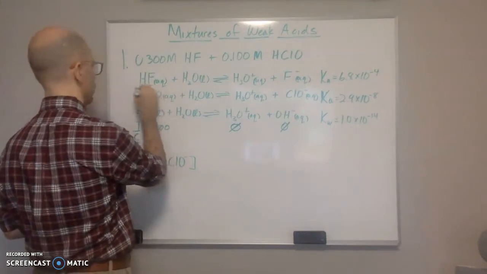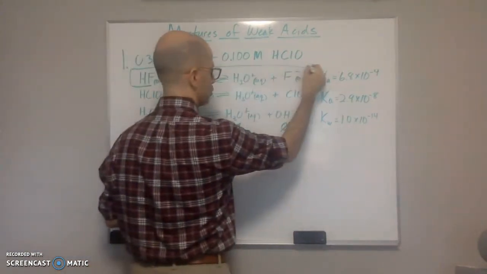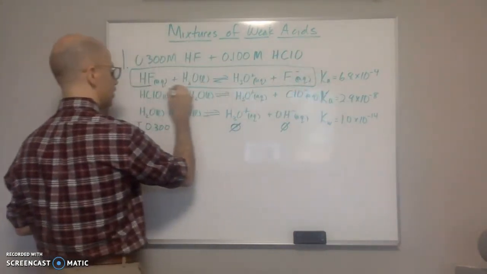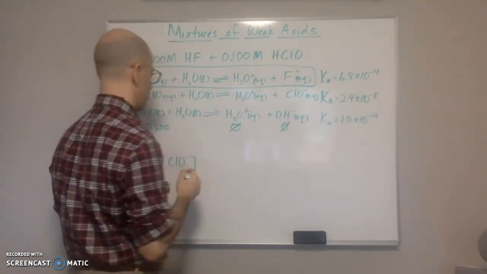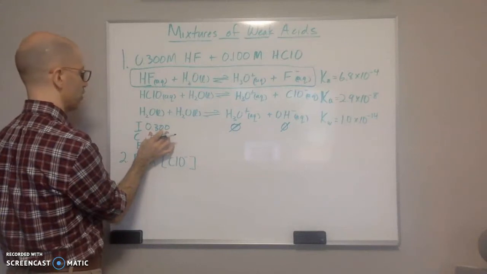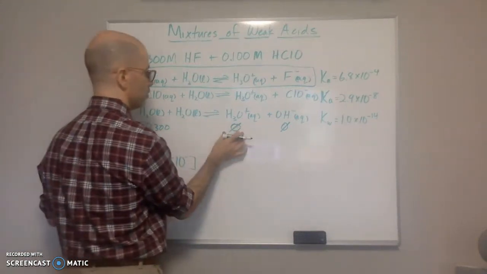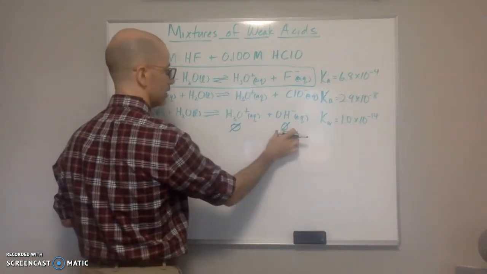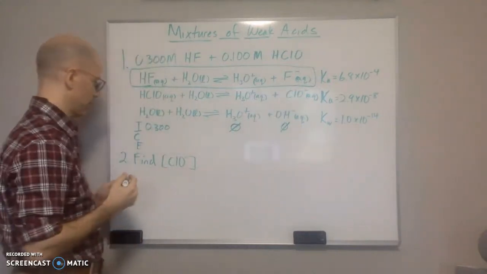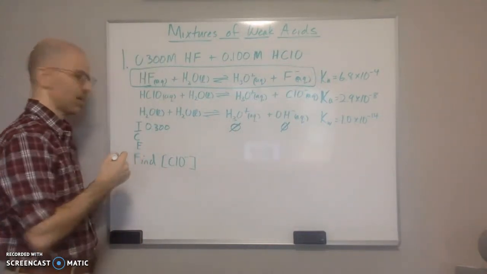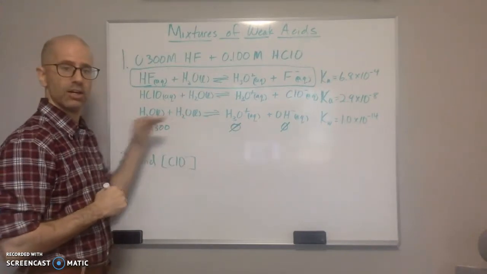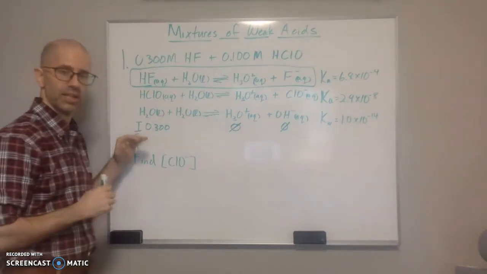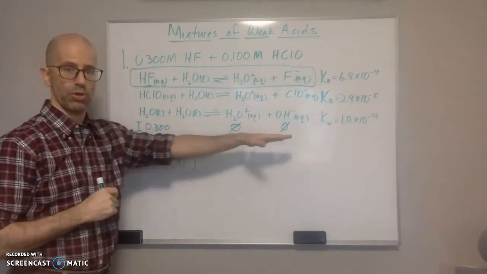So again, we're paying attention to this equation here. These other two we're ignoring for now. So 0.300 HF, 0 H3O plus, 0 F minus. And then the change: since we have 0 product here, according to Le Chatelier's principle, we're going to go towards the product.